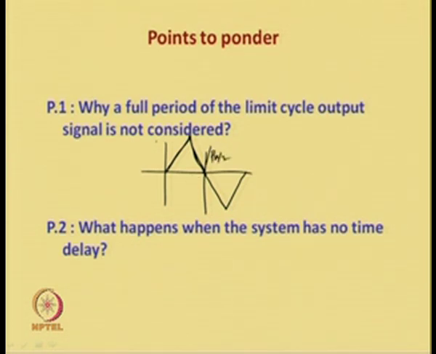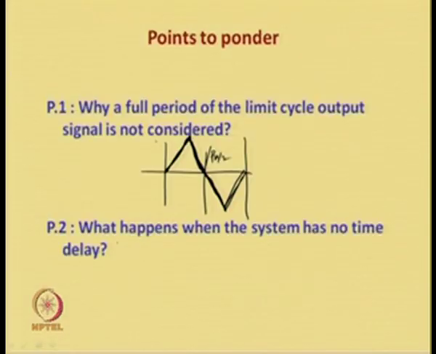So, whatever you do get, a replica of that with negative value is there. So, there is no need for considering the whole period of the output signal; rather the information we get from the half period is sufficient to identify simple transfer function models of systems.